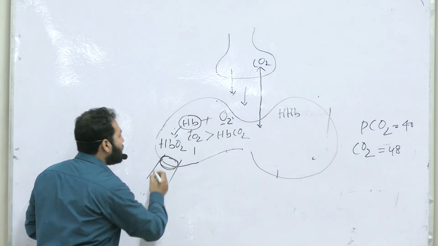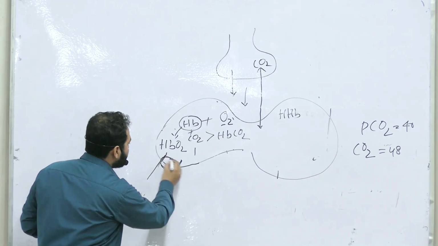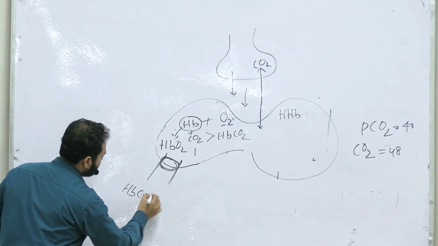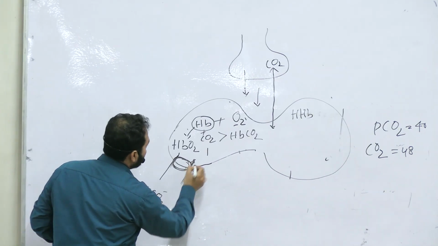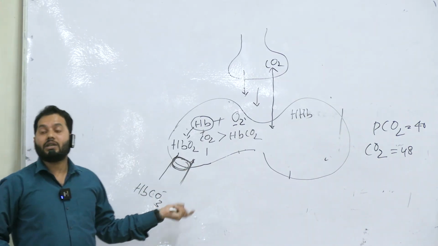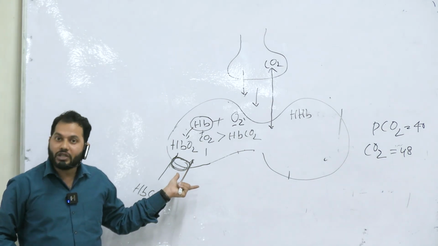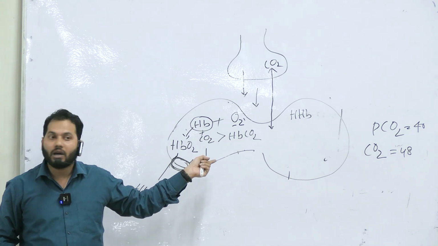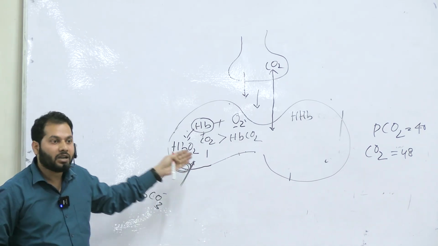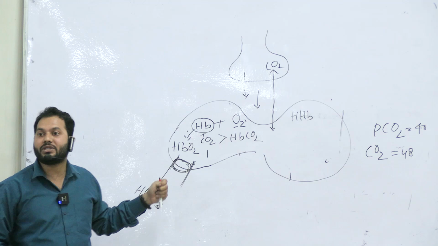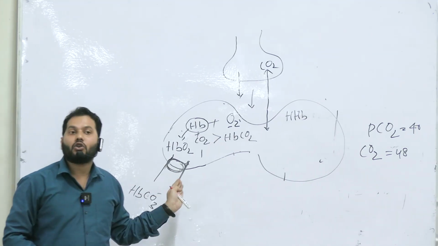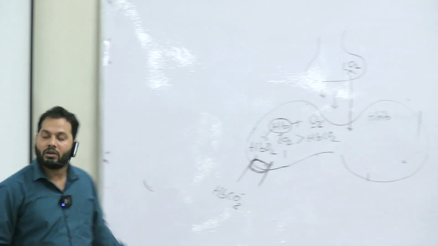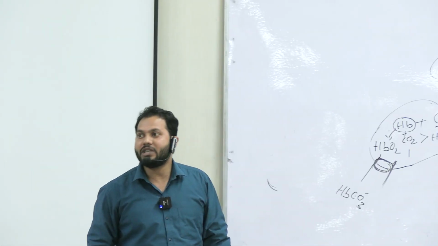Now this HbO2, along with, in pulmonary circulation through the exchanger, what we have seen in the systemic capillary, through this exchanger chloride ion enters and bicarbonate ion is released out.